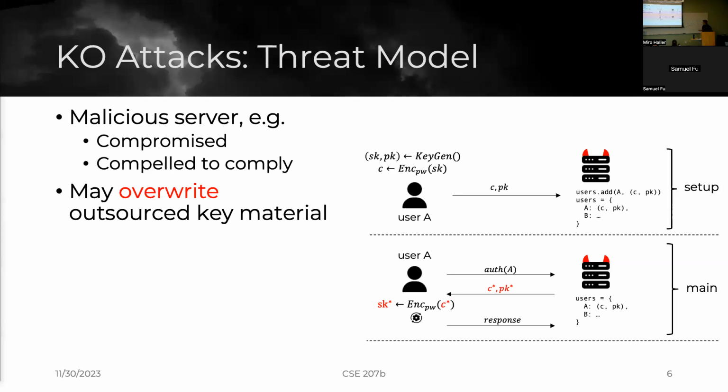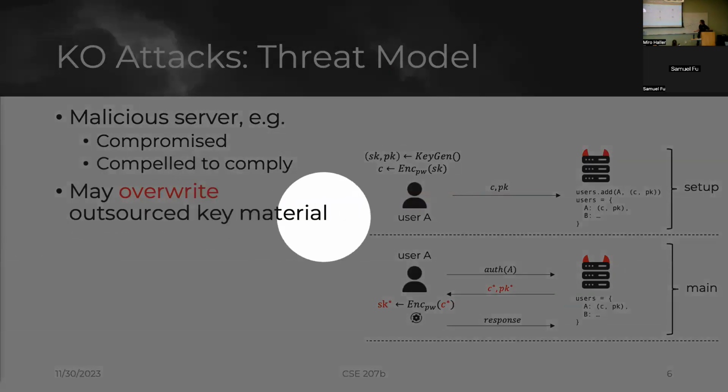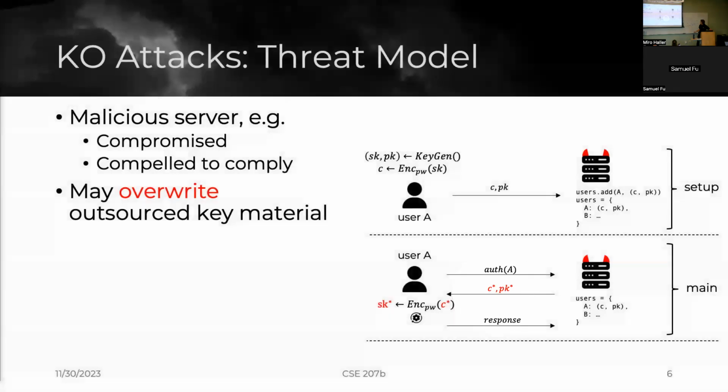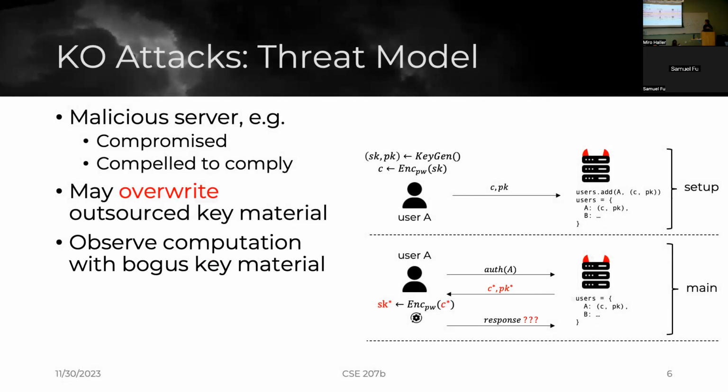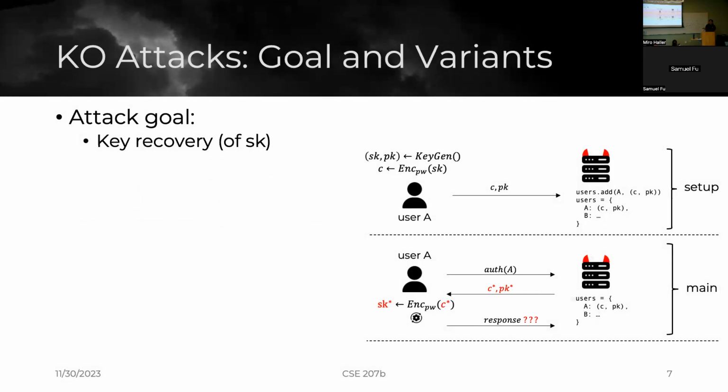So you see here that the ciphertext, the encrypted secret key, and the public key that is stored at the server can just be overwritten with any value that they want. And then they will see some result of some computation of the client with that garbled key material. So the goal of this malicious server is to recover the secret key of the user, or maybe some kind of weaker goal like decrypting a message that was encrypted. But in our case, we're actually going for the secret key recovery.